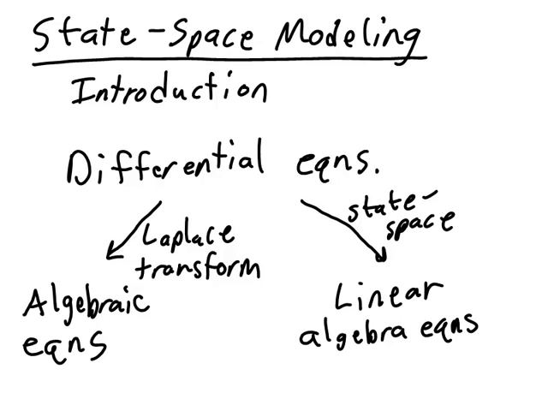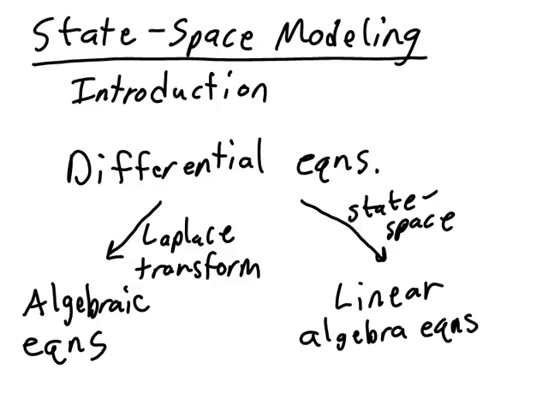State space modeling is used to convert differential equations into linear algebra equations, kind of in the same way that the Laplace transform was used to convert the differential equations into algebraic equations. In state space modeling, what we end up with as a model of the system is a couple of matrices which define the system behavior.